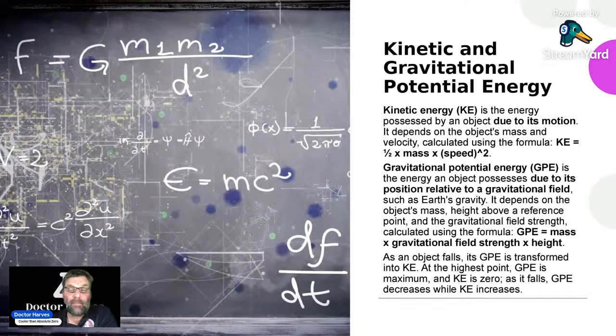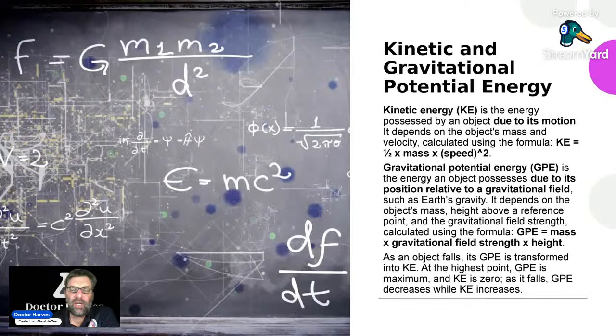So in that previous example with the apple in the previous slide, that had gravitational potential energy in the apple tree, and then it fell on Newton's head, and then that got transferred from gravitational potential energy into kinetic energy. And that equation is mass times gravitational field strength times the height. And you'll be given the gravitational field strength in the exam. For level 1, that's 10 meters per second squared, or 10 newtons per kilogram.